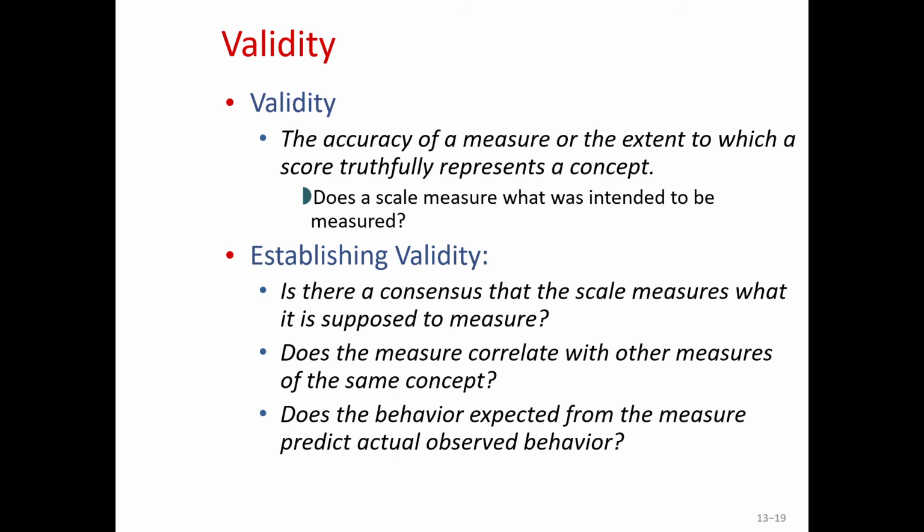In establishing validity, researchers have attempted to assess validity in many ways. They attempt to provide some evidence of a measured degree of validity by answering a variety of questions. Is there consensus among other researchers that my attitude scale measures what it is supposed to measure, or does my measure cover everything that it should?